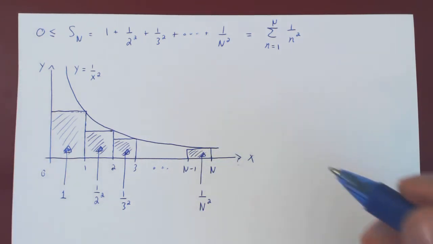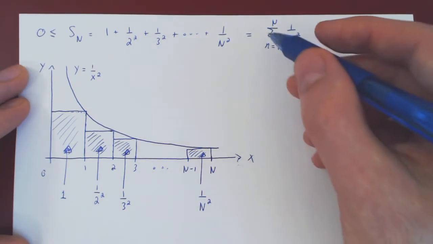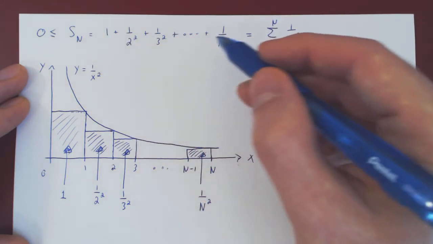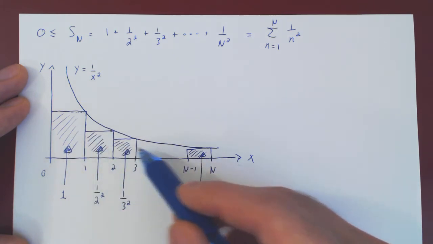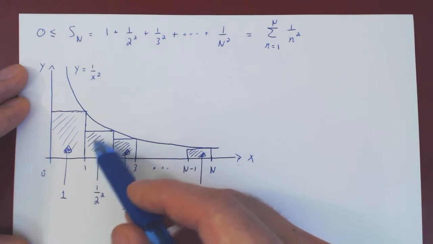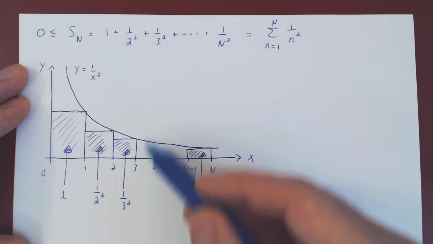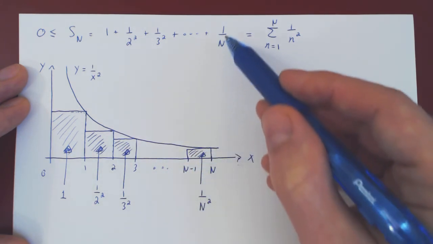And now there is one thing we have to be careful about. We could be naive here and say, well, the sum of these n terms is the total sum of the areas of all of these rectangles. The area here is 1, plus the area of this, which is 1 over 2 squared, plus the area of this, which is 1 over 3 squared, up to plus the area of the last rectangle, which is 1 over n squared.